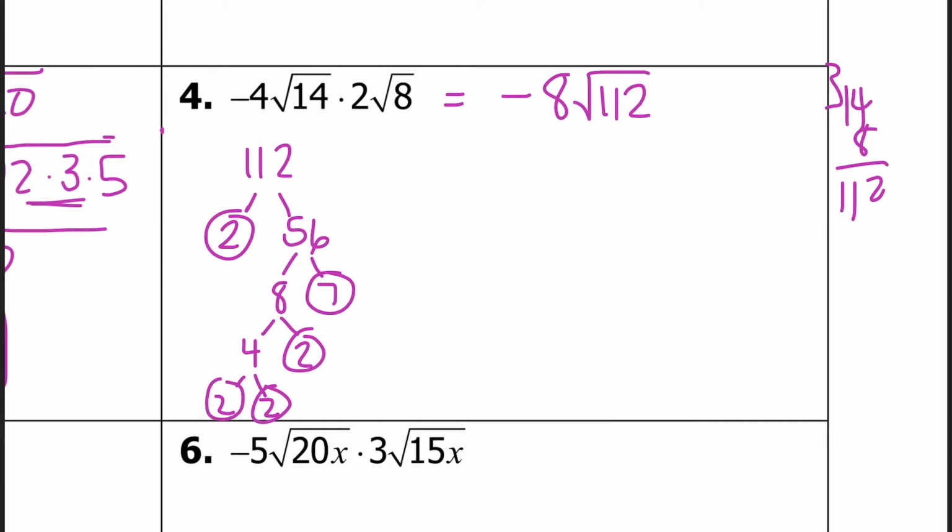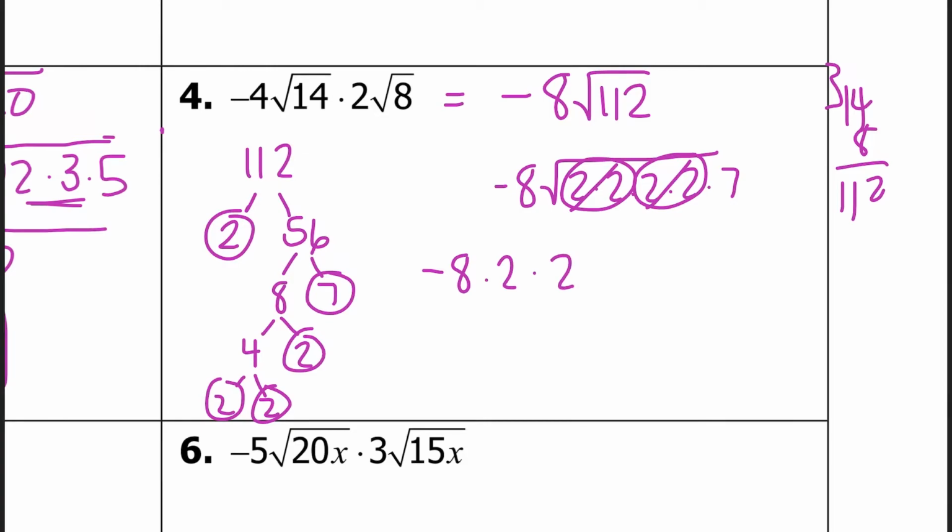Let me make sure I did that correctly. So negative 8, and I've got 4 2's and a 7. So a pair of 2's and another pair of 2's. That means 2 2's will come out front. Keep the root 7. Negative 8 times 2 is 16. Negative 16. Negative 16 times 2 is negative 32. Negative 32 root 7 is what we will have.